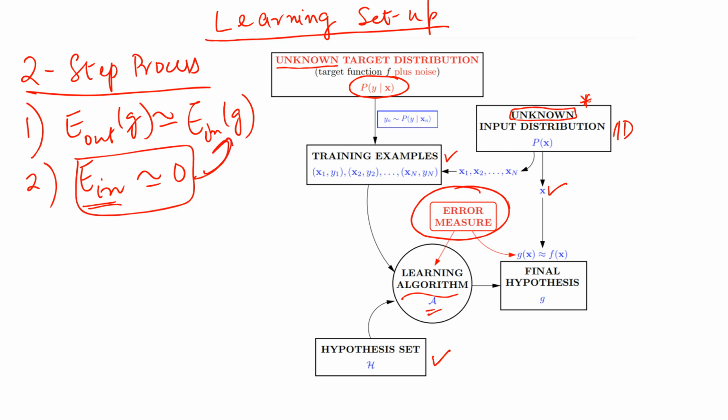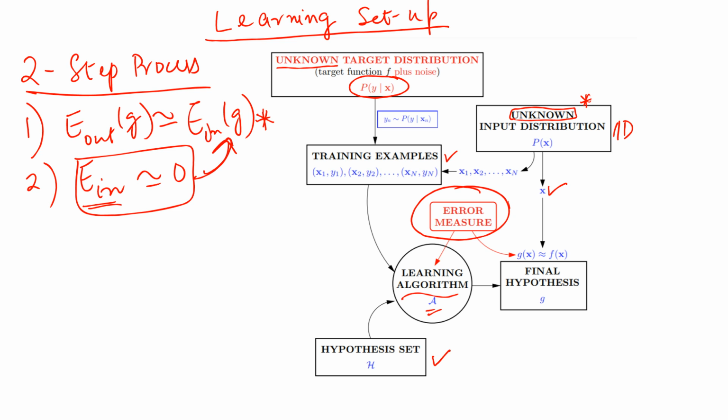So in theory, we are trying to get this point number one. But next, what's happening is we are computing E in, and if it's not close to 0, then we go back to picking g until we get the best.